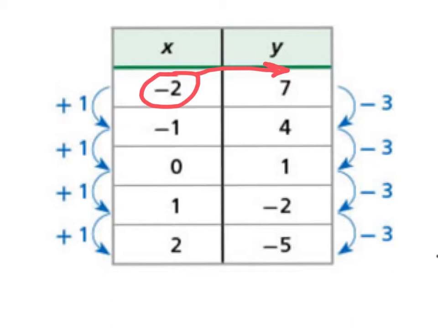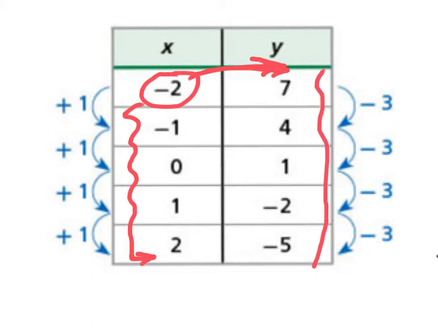No, there is not. So this is matched with this one only. Do you see any that are the same in the X column? No, they are not. In the Y column, it will not matter if they're the same.